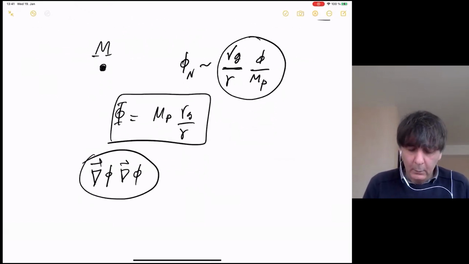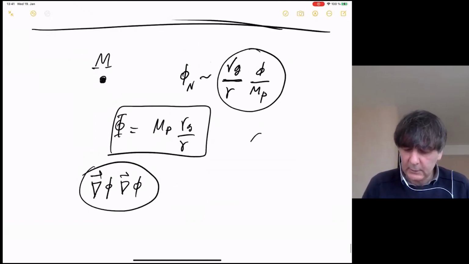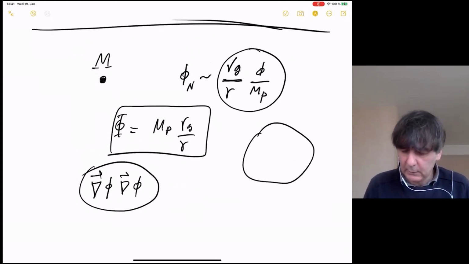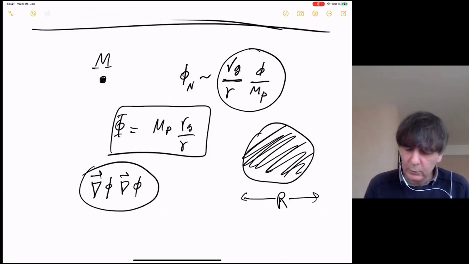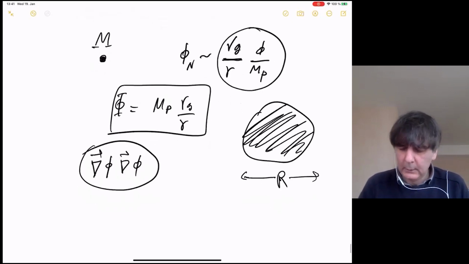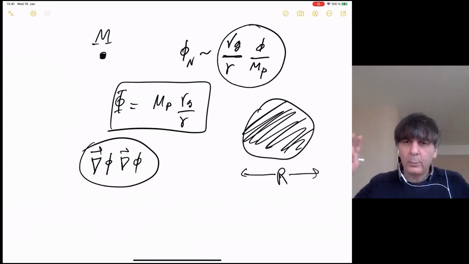Now we can ask the following question. If I have an object that is smeared at some radius R, it produces a profile of the gravitational field of this type. Let me think of this field as being composed of gravitons.